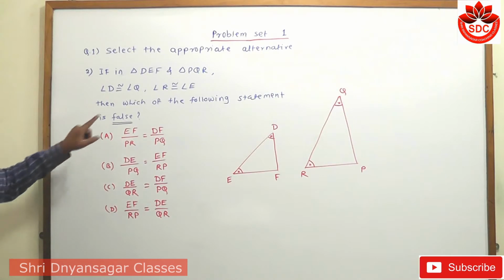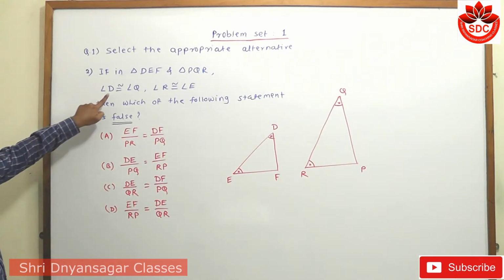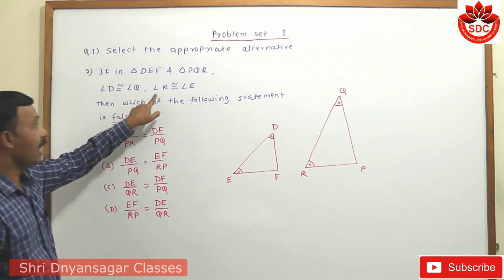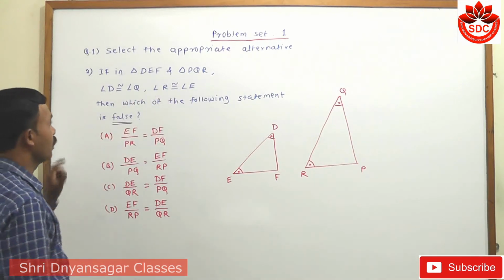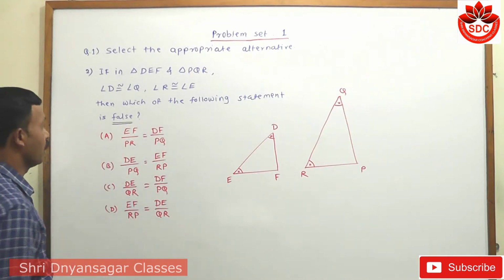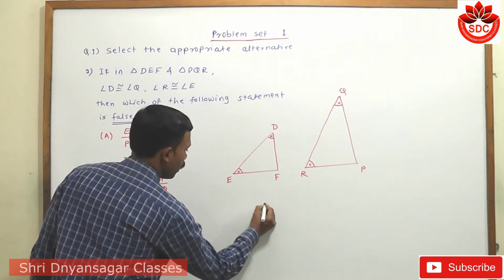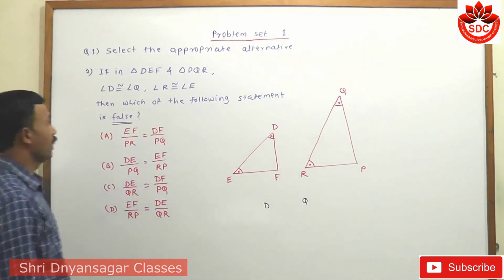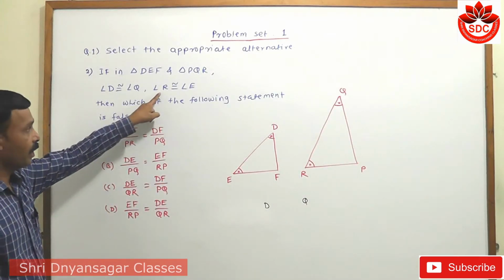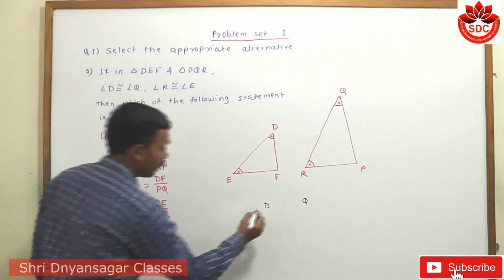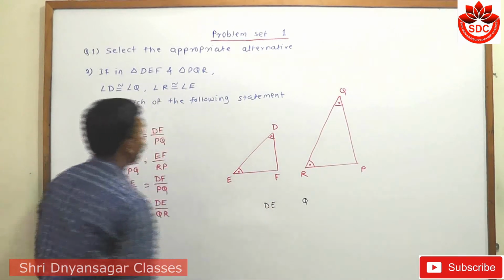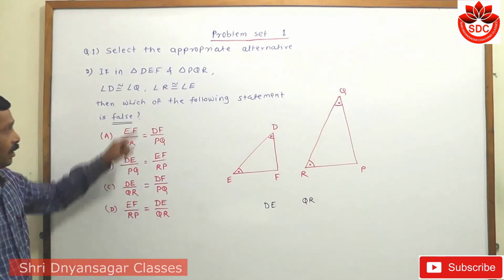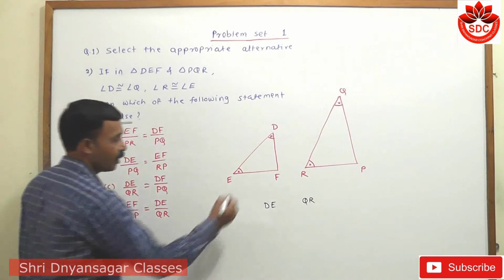For this, we take its correspondence. The proper correspondence is this: angle D and angle Q are congruent. Angle R and angle E are also congruent. So first I will take this proper correspondence, angle D and angle Q. Okay, then angle R and angle E, means that suppose we take the second one is E, then the correspondence is R, and then the third one, the last, is automatically congruent.